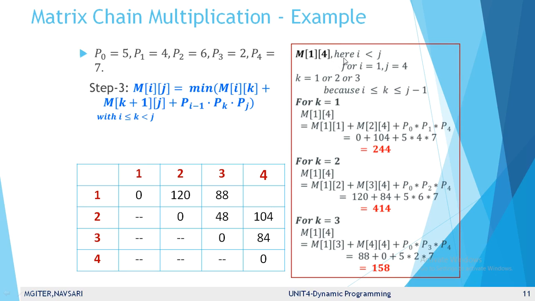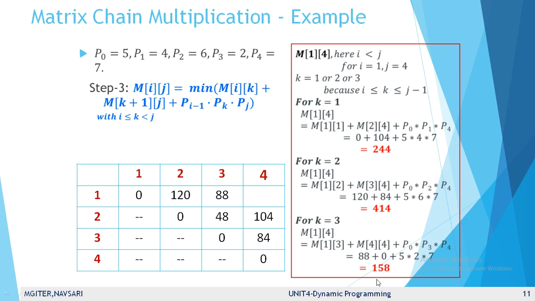Now we make the calculation for M of 1 4. Here i is equal to 1, i is less than j, and j is equal to 4. The value of k becomes 1 or 2 or 3. Now we make the same computation for k equal to 1, k equal to 2 and k equal to 3. Here we already made the computation. Whenever we make the calculation for k equal to 1, it gives 244. For k equal to 2, it gives the computation 414, and for k equal to 3, it gives the computation 158.